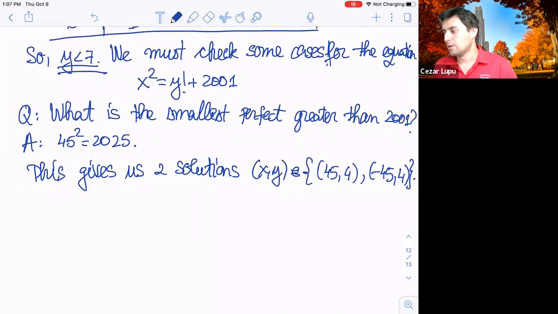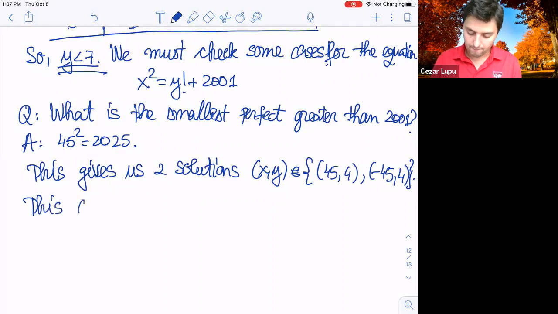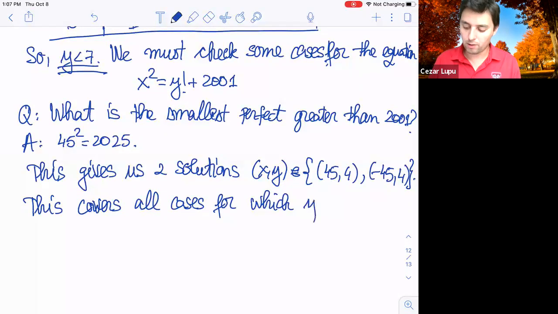Okay. So now this covers all cases for which y is less than or equal to 4. And now, well, not 4 factorial, again, it's 4.